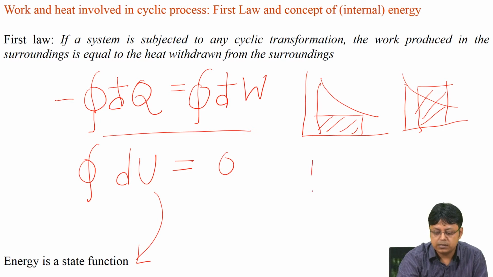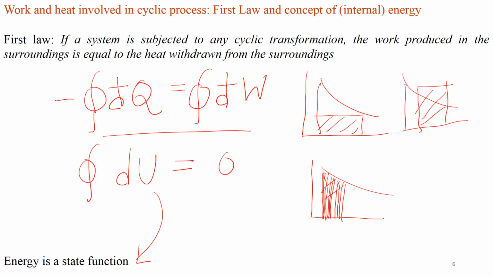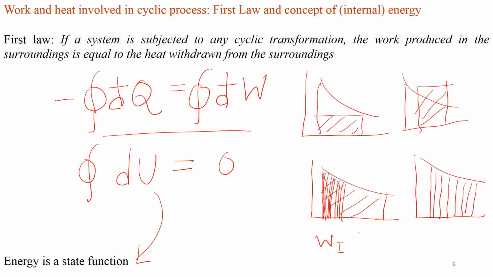Now you may ask, if we had done it in a reversible way, meaning changing the pressure of the system by an infinitesimal amount, that will lead to the area under the curve being the same for the forward process as well as the backward process. In this case, these two areas cancel each other. So if I write W in the first step and W in the second step, that will be perfectly 0.